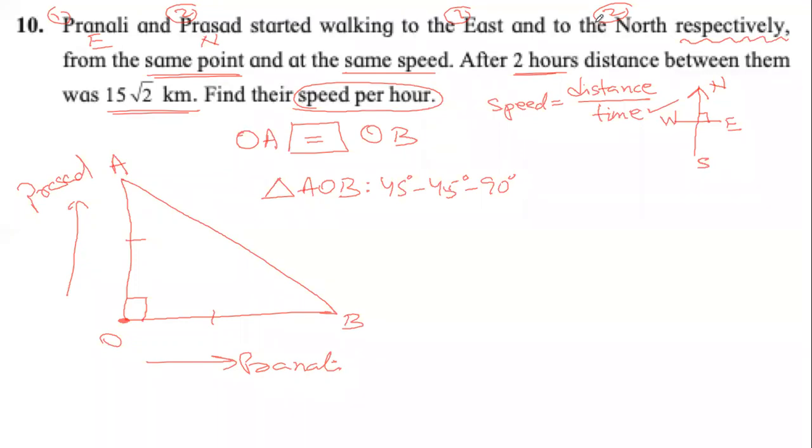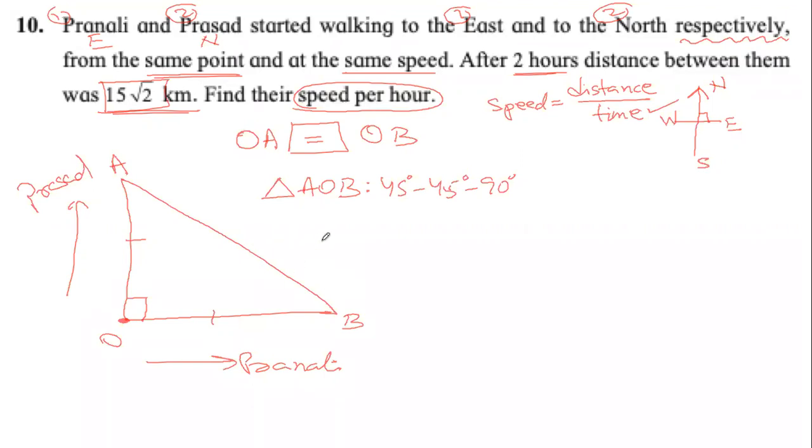Using this, we have to find the speed per hour. There is one more information that is given in the question, but we have not put it on the diagram, which is 15 root 2. Can someone quickly tell me where is this 15 root 2 in the diagram? Which line segment is equal to 15 root 2? Very good, Prachi.